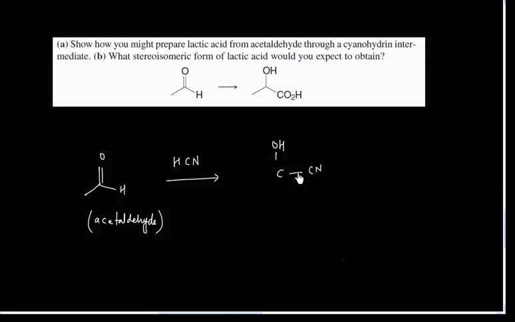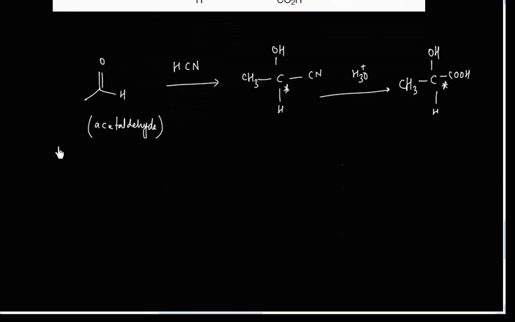So let us first form cyanohydrin using HCN. Now this carbon is a chiral carbon. Hydrolysis of cyanohydrin will give an acid. So this is lactic acid.